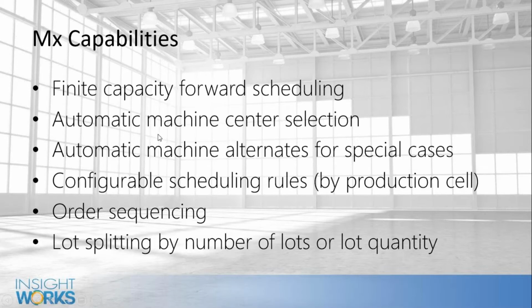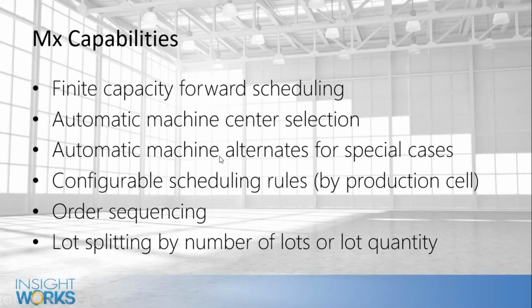Another good one that's a real big gap in Nav and Business Central is automatic machine center selection. Right, I've got a work center with 10 CNC machines, or I've got 20 welders out there. I don't want to have to manually choose which lathe gets the work or which welder gets the work. I just want to say, schedule it on this work center and let the system choose the best machine to run that particular item on, right?